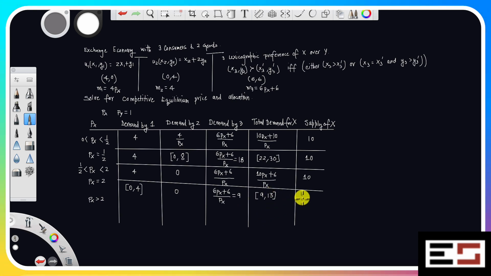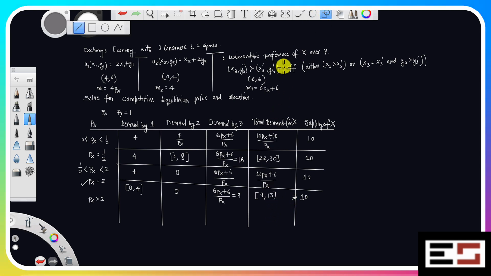And notice that 10 actually lies in this interval. So this is a competitive equilibrium price, because 10 is market clearing, and if the consumers demand 10 in aggregate, that is going to be market clearing, and that's a competitive equilibrium.